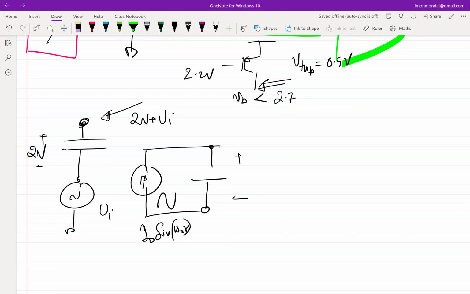So let's assume that the capacitor acts like a battery, right? So what will be the incremental voltage across the battery? It should be zero. The incremental voltage across the battery should be zero.